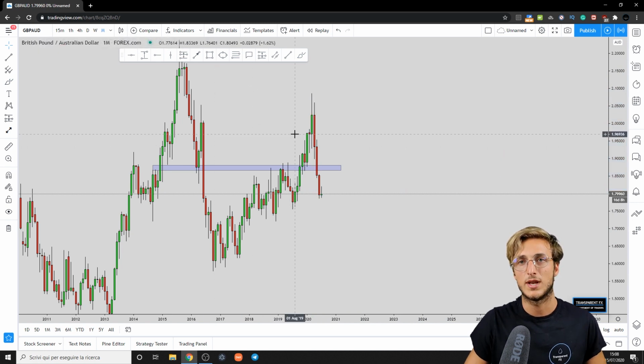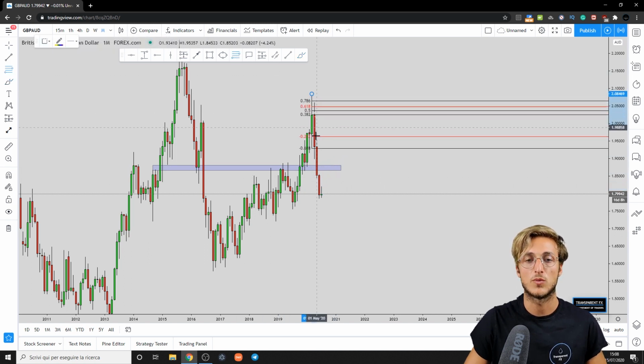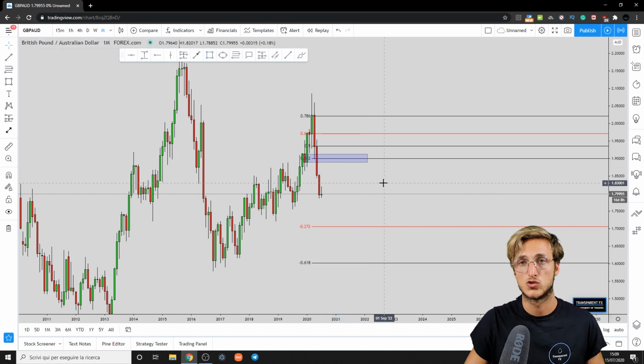Now, specifically when it comes to measuring a retracement from an impulse, you have to take your Fibonacci on the impulse itself. So if we want to measure the possible retracement from this move, we have to take our Fibonacci from the high to the low of the impulse. What we can see is that the 0.382, the first strong Fibonacci level, is lining up perfectly with this very strong supply area.